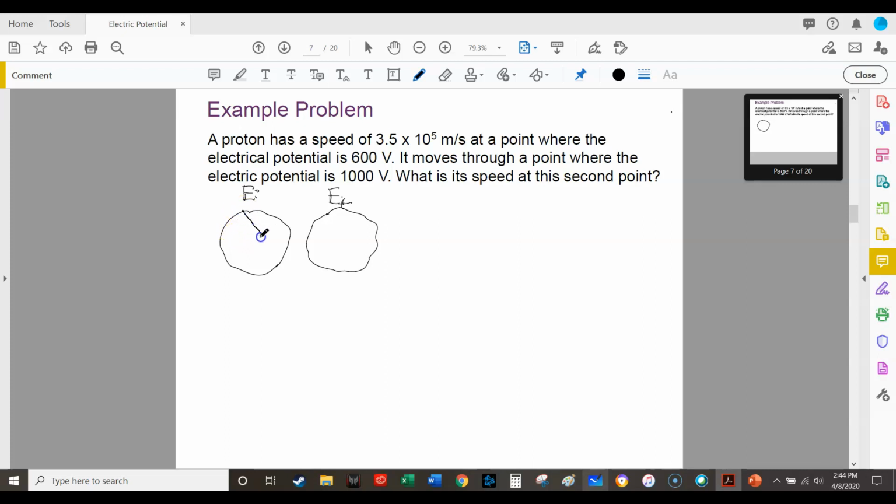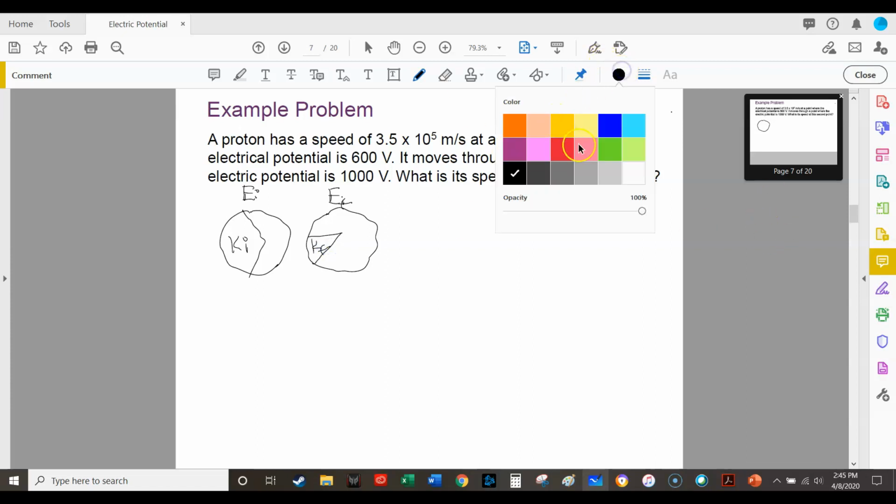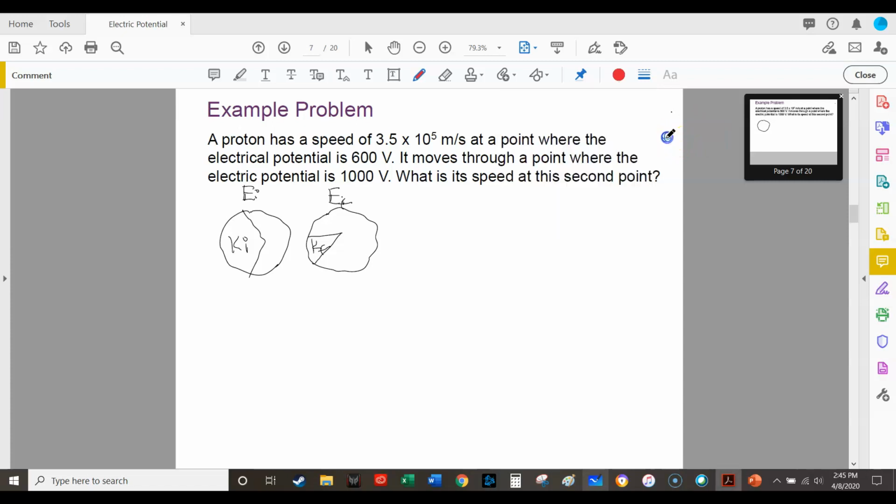So I'm going to make this initial kinetic energy visibly larger and the final kinetic energy much smaller. I'm just taking a guess whether that's true or not. In the beginning, it's got an initial potential energy due to Q. And in the end, it's got a final potential energy due to Q. Okay?